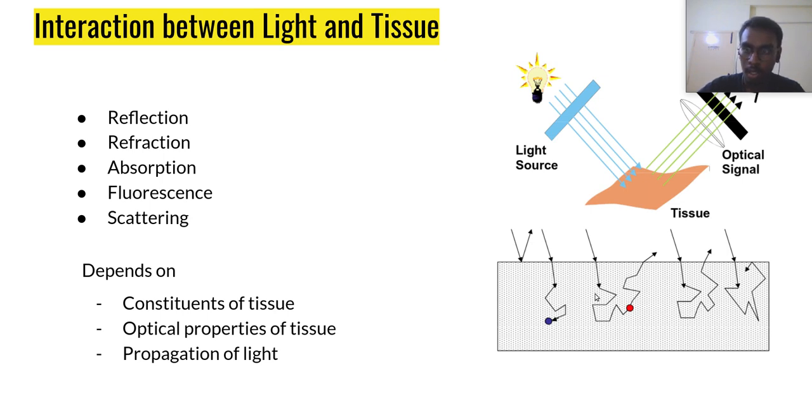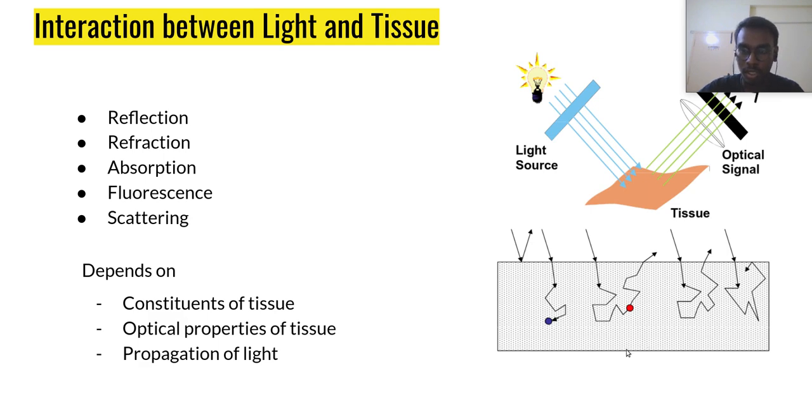Absorption, the light gets absorbed by the tissues. Fluorescence is when it irradiates the cells so that when viewed from another viewing object, it glows. Scattering, it follows some random path and it either gets absorbed or it comes out of the tissue.